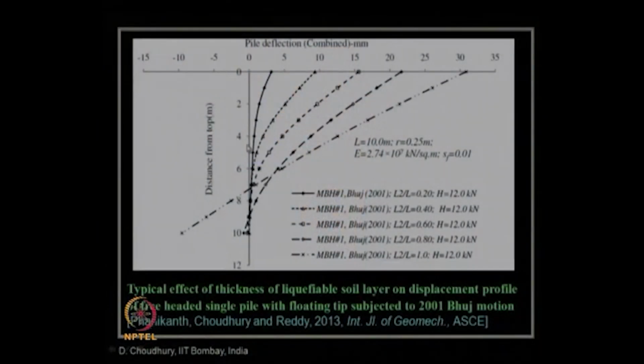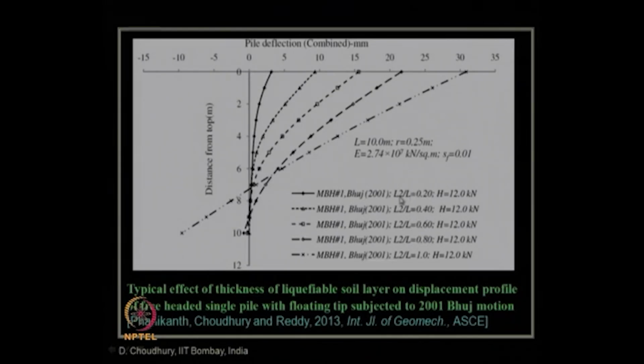So, you can see again here, under different depth of liquefiable layer, what has been varied over here? The same borehole has been used, the same soil has been used, the same earthquake motion has been used, the same horizontal seismic lateral load is used, but the change in parameter was made, the thickness of the liquefiable layer.